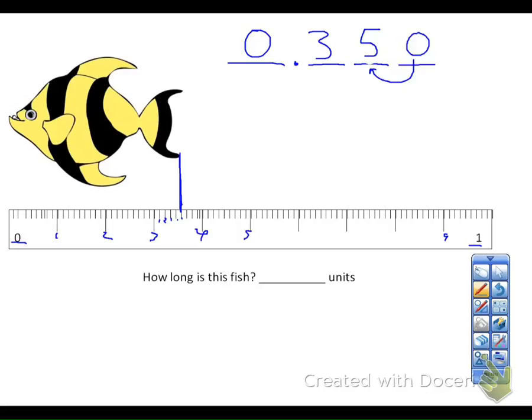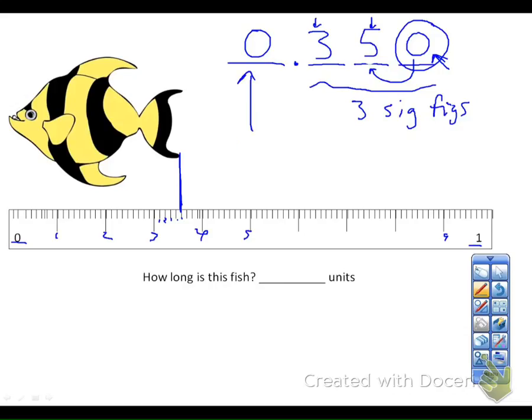In this measurement, we have 3 sig figs. We were sure about the 3, we were sure about the 5, and this 0 gave me information also by telling me that the tail fin was right on the 5 tick mark. So this is a significant 0. This 0 is a placeholder.